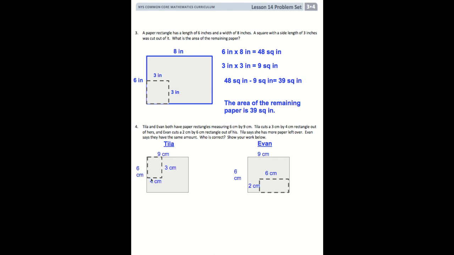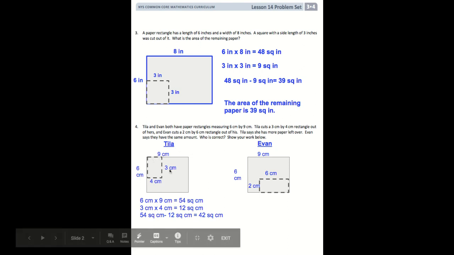So we have to find out, is this area the same as this area? So we have 6 times 9 for the whole thing, which was 54 square centimeters. Then we have to find the area here, which would be 3 centimeters by 4 centimeters, which is 12 square centimeters. And then we're going to subtract. 54 minus 12 is 42 square centimeters.